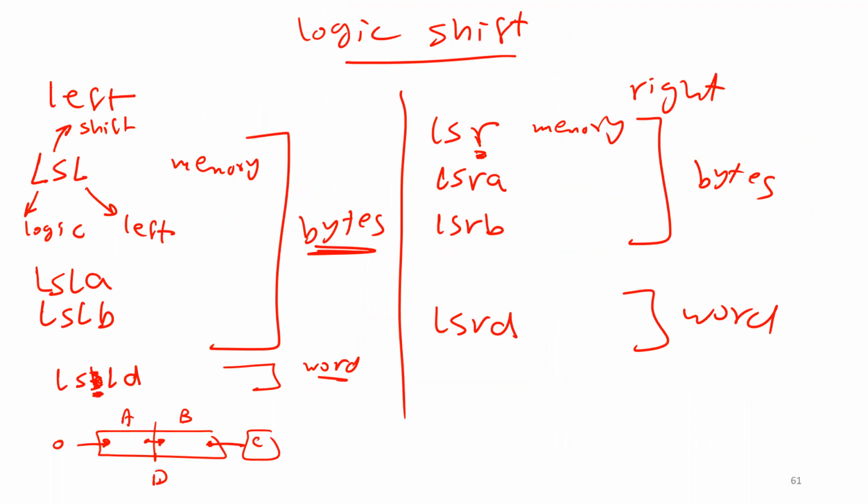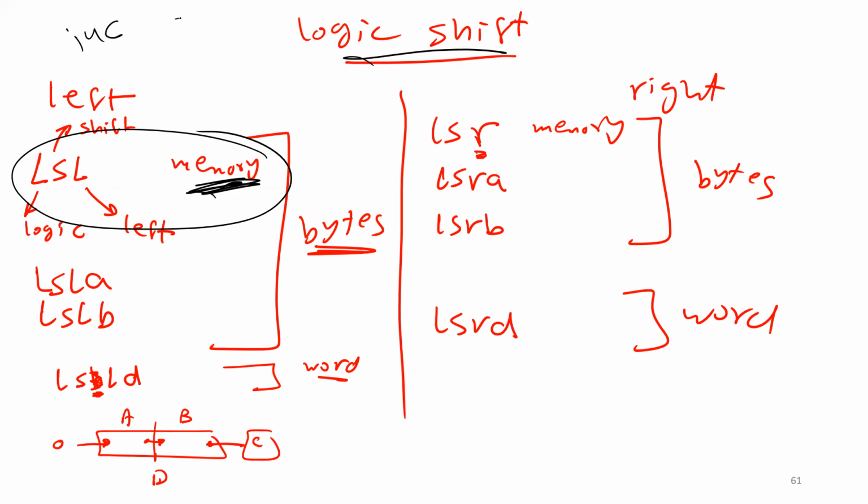For the logic shift, we have only 4 instructions, as you see here, guys. Letter L for logic, S for shift, L for left. So we have LSL, and then here you have to put an address for a memory location. This one is like when you say increment, and then you have to put a memory location. It's the same thing, but it has to be LSL. So this one is going to shift a memory location, but this memory location has to be a byte.